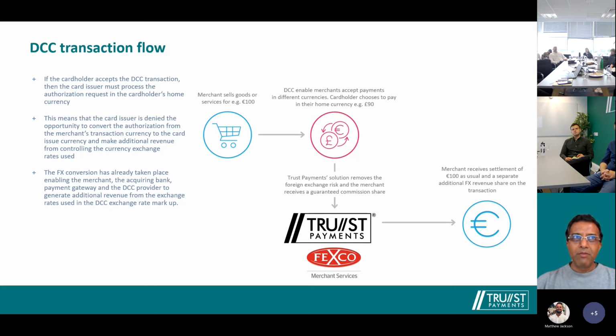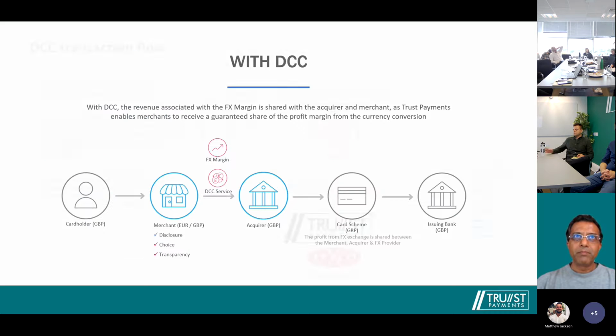To break that down a bit further and look at how that's different to the earlier flow without DCC: again, the cardholder with a sterling card goes to buy something in euros.